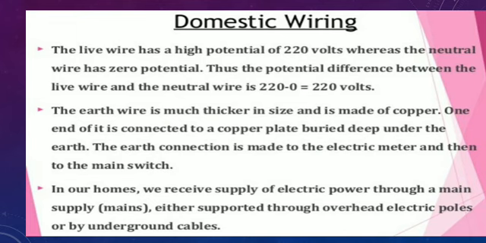In our homes we receive the supply of electric power through the main supply, supported either by overhead electric poles or by underground cables. If you go to cities, all the cables are underground, but in our country, most of the electric power is through electric poles.